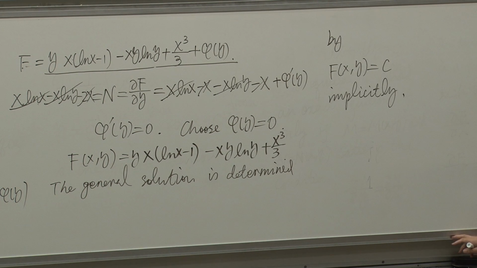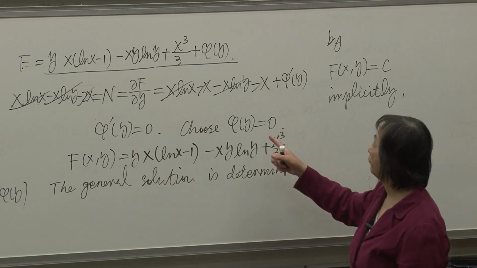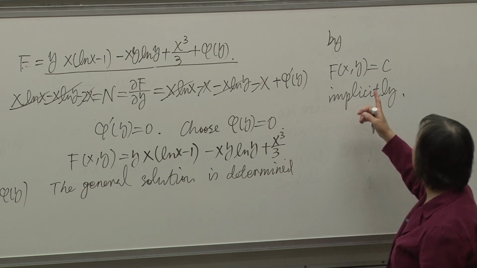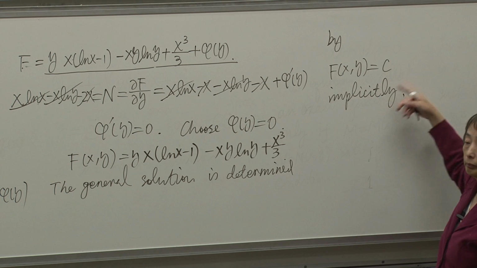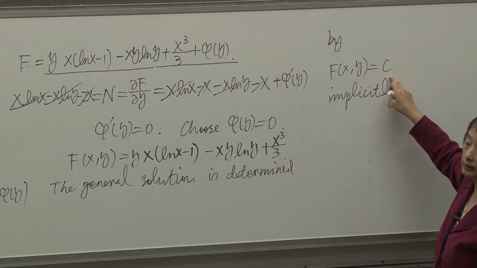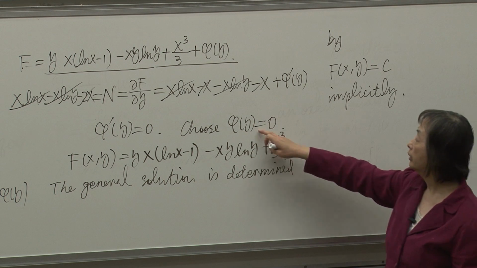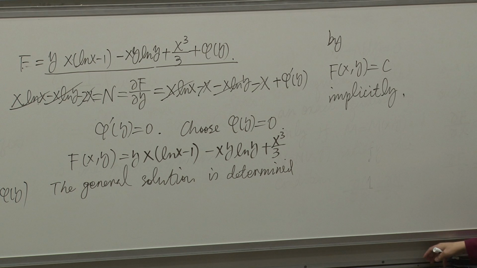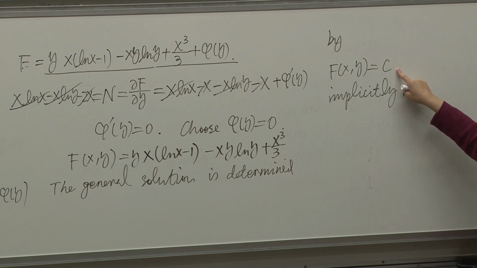Do we have questions? When we integrated the 0 to get another 0, wouldn't there be a constant that we have to add to the end of f? Right. Phi of y in general could be any constant, but on the left-hand side, if we have a constant, we bring it to the other side and absorb it by the constant c, so we don't have to choose a constant for phi. So do we not have to write plus c at the end of that? We have to write c on the right-hand side.